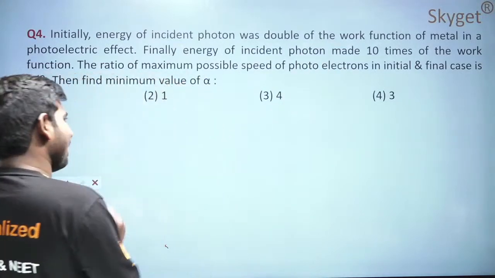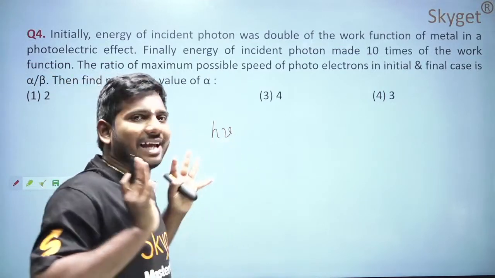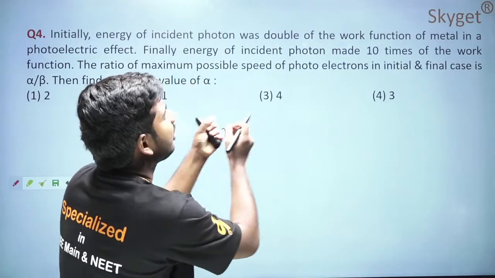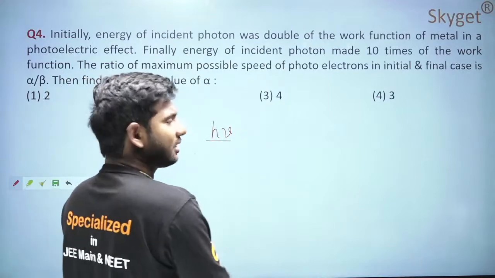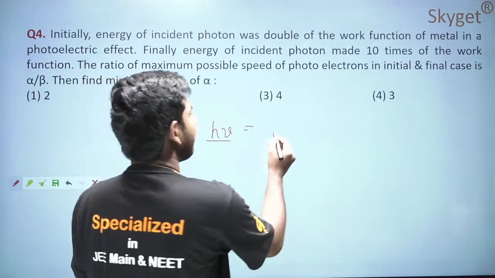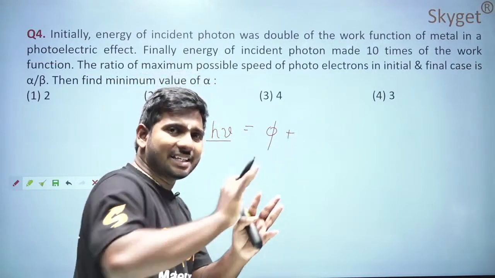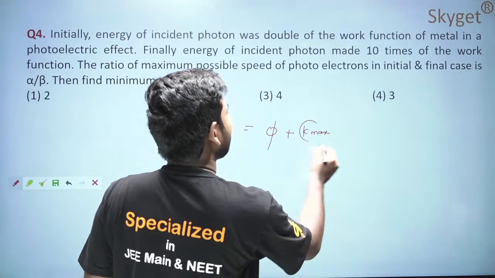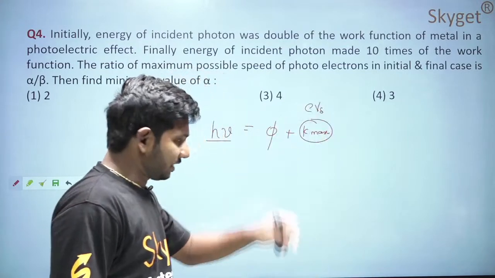That is h nu, the energy you gave, incident on the metal surface. That energy is used to remove the electron from the surface, that is the work function, plus the remaining is converted into K max, or you can also write it as eV_s, e into stopping potential.